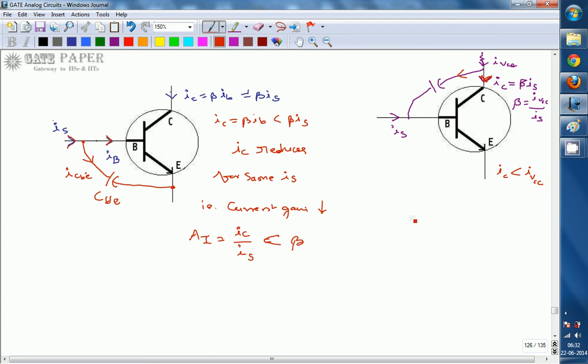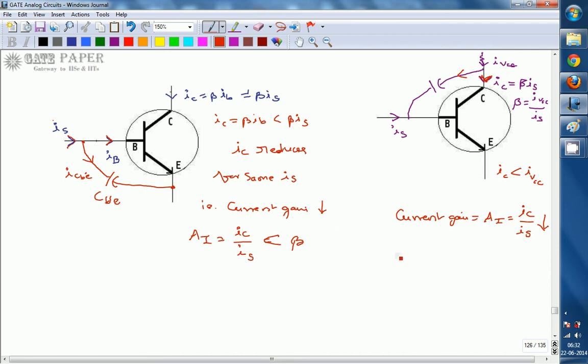So whatever ratio you get for beta will be less. So the current gain AI, equal to IC divided by IS, now reduces because of the capacitor. That implies the current gain reduces.